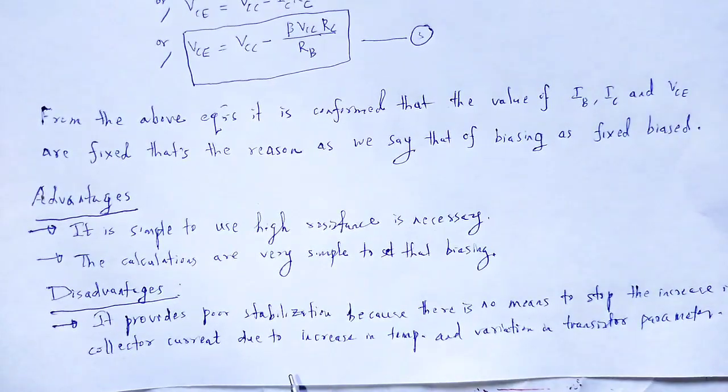We have already known how these factors influence the fluctuation in the Q point, that is, variation in temperature as well as variation in transistor parameters.